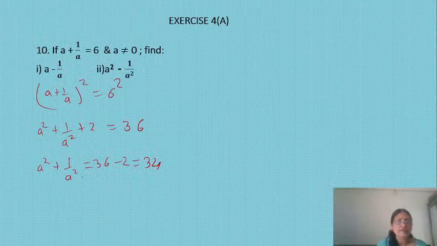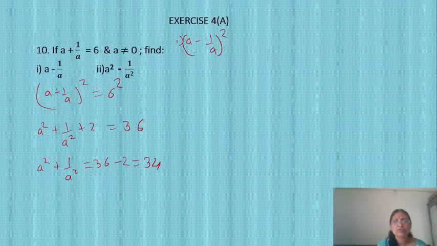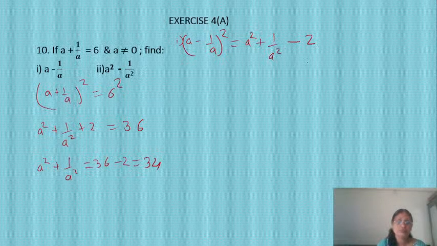Now this value of a square plus 1 upon a square we will use to find the first one here, which is a minus 1 upon a. We square this, which is equal to a square plus 1 upon a square minus 2. Learning identities is important.